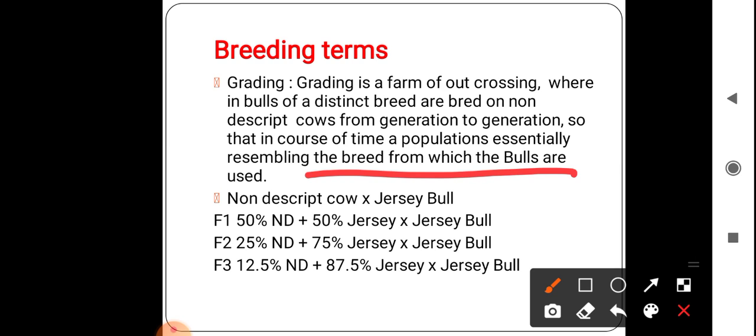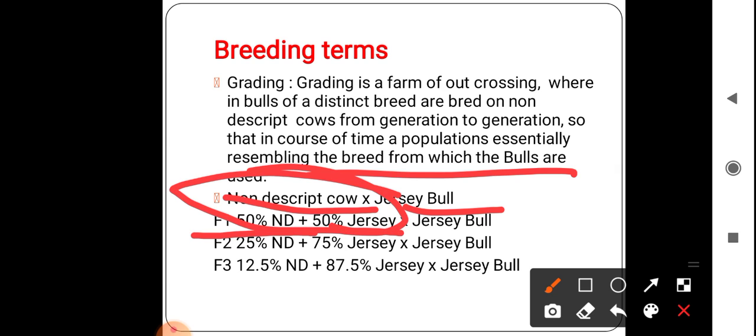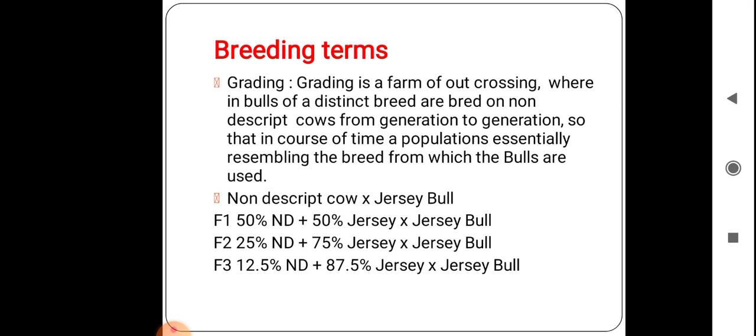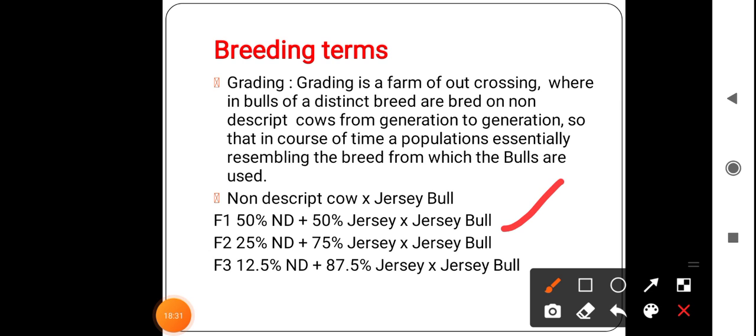So a non-descript cow is selected, it is mated with a Jersey bull, then the first offspring will have the character of 50% nondescript and 50% Jersey. This first offspring is again mated with the Jersey bull.